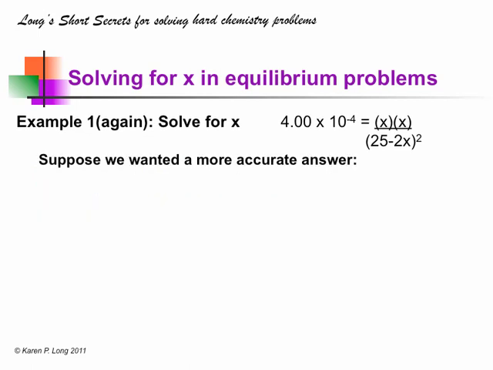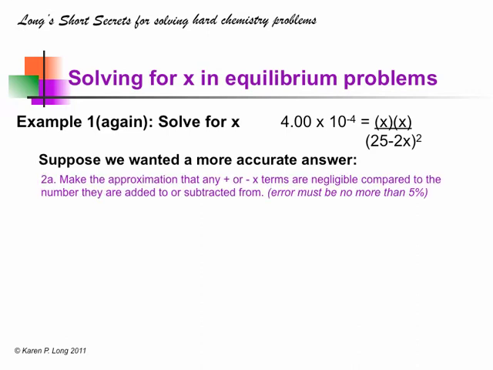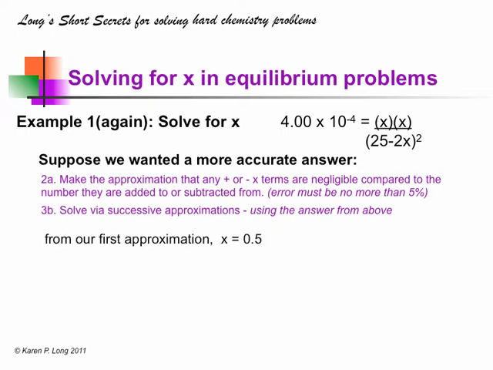Suppose we wanted a more accurate answer. We have just done making the approximation that the plus or minus terms are negligible compared to the number they're added to or subtracted from. We got the answer before of 0.5. Now we're going to solve via successive approximations using that 0.5.